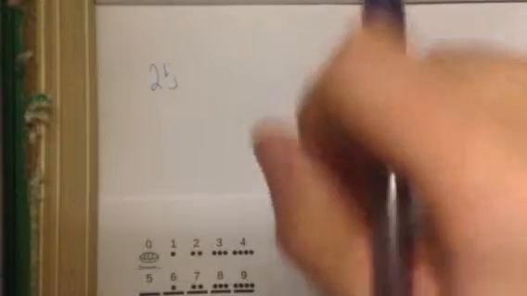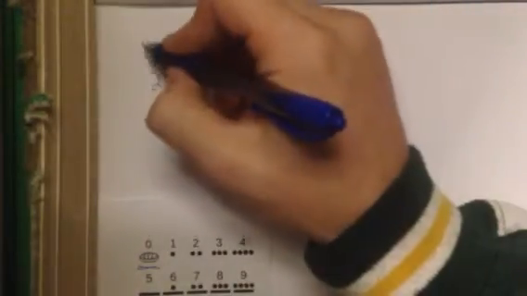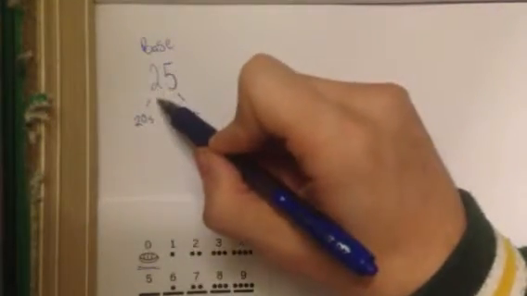So let's look at the number 25 in Hindu-Arabic. This is just normal base 10 Hindu-Arabic. The 5 is in the 1's place, and the 2 is in the 10's place.